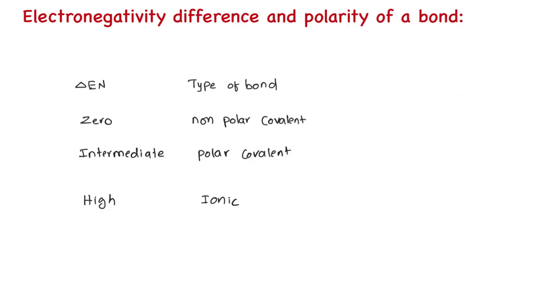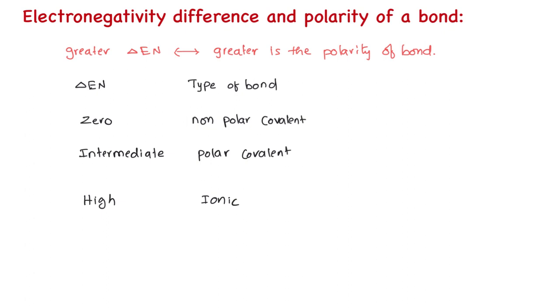The difference in electronegativity values between the bonding atoms determines the type of bond between the two atoms. That is, the greater the electronegativity difference between two atoms, the greater is the polarity of the bond.